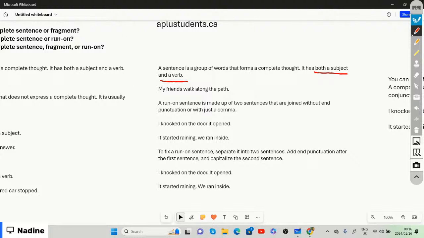That is a complete thought, a full sentence. But as soon as it becomes a run-on sentence, a run-on sentence is made up of two sentences that are joined without end punctuation, or joined with just a comma. So there's either no end point or it is joined with just a comma.